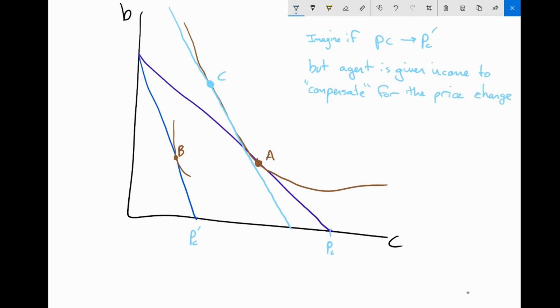And by compensate, that means that they have enough income to achieve the same utility.